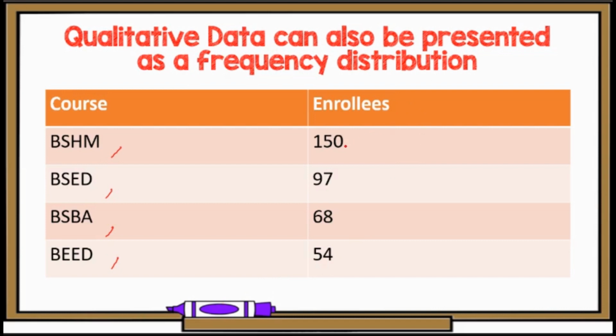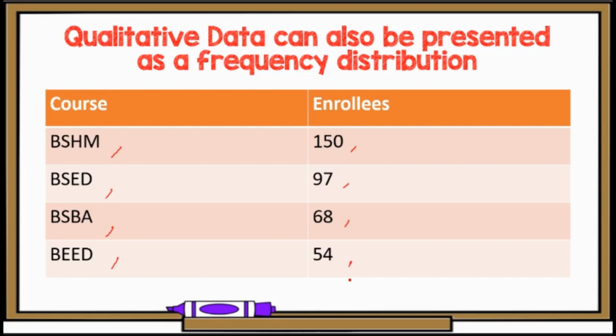For enrollees, we have 150 BSHM students. Nag-assume lang ako na 150 kayo. And BSED students, we have 97. BSBA students, we have 68 enrollees. And BEd students, we have 54. So dito, bibilangin mo lang sila. And you can also represent them using a frequency distribution table.